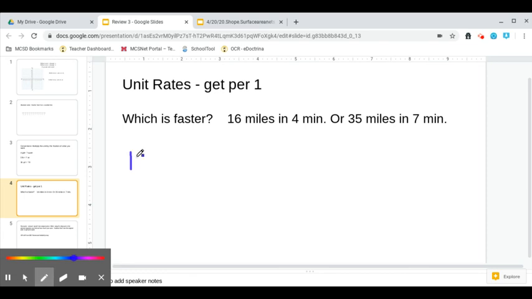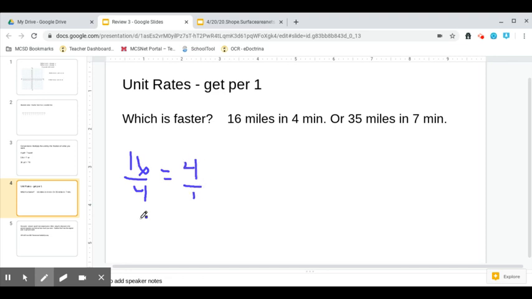So I have 16 per 4. Okay, how do I get it per 1? Well, divide by 4. 4 divided by 4 is 1. 16 divided by 4 is 4. So this is 4 miles per minute.